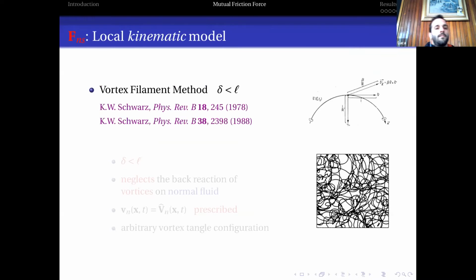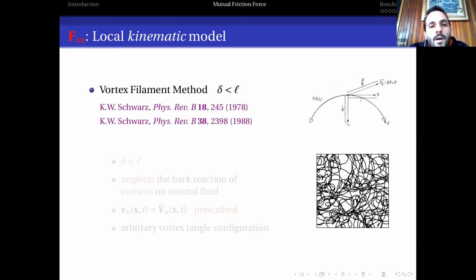Then, 20 years later, there was another approach, implemented by Klaus Schwarz, which gave birth to the so-called vortex filament method. It can actually be considered a downscaling of the coarse-grained model by Hall and Vinen.